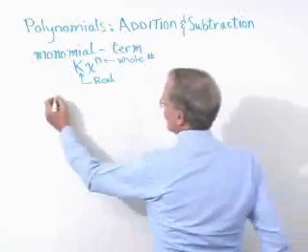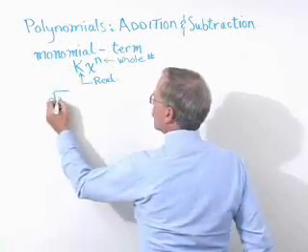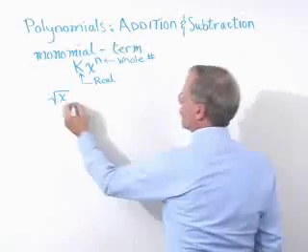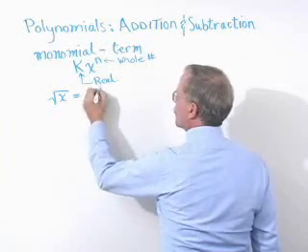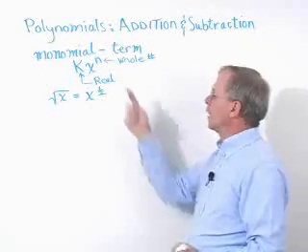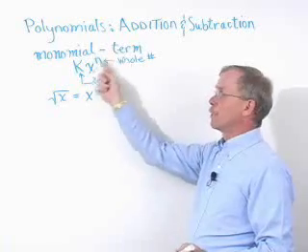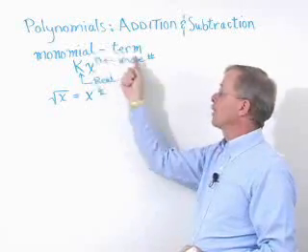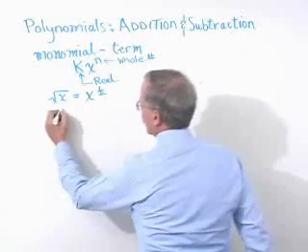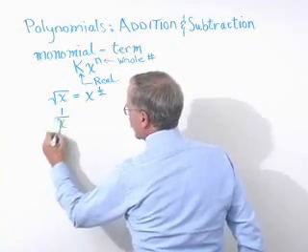Let's look at some things that are not polynomials and show you what I mean. For instance, if we have the square root of x, that's not a polynomial because we could convert it to an exponent of 1/2, and that would violate the rule that the exponent has to be a whole number. We could also have 1 over x.